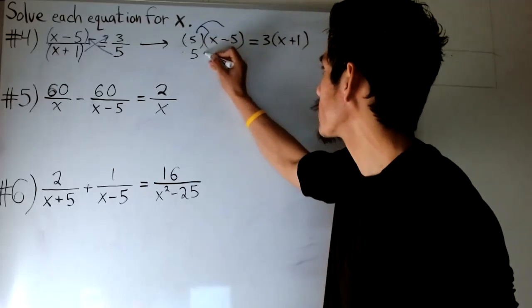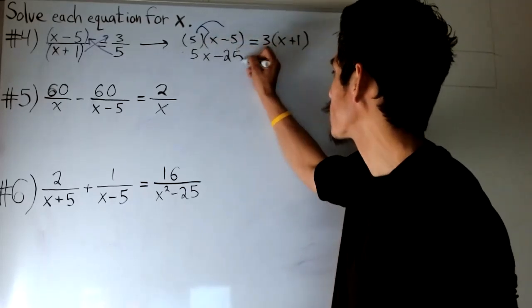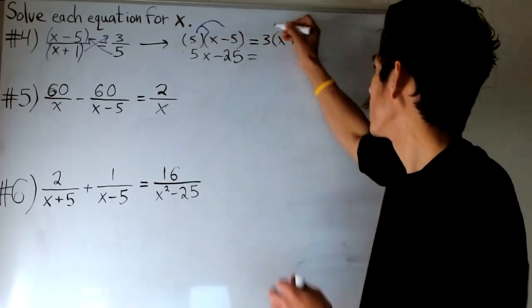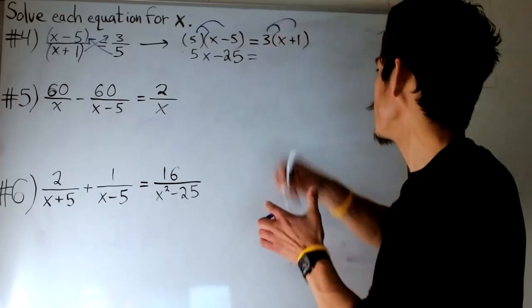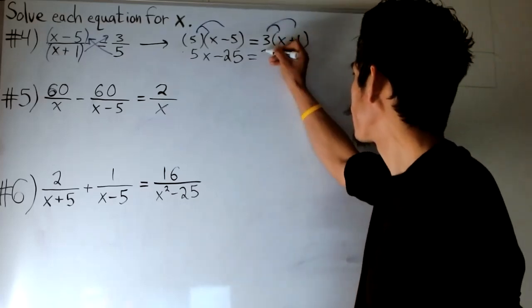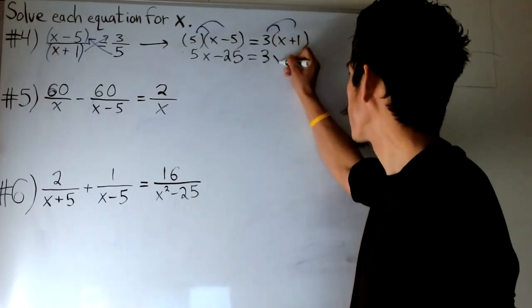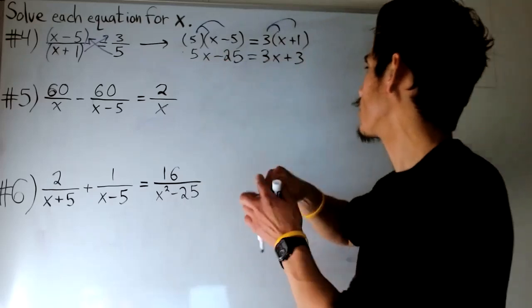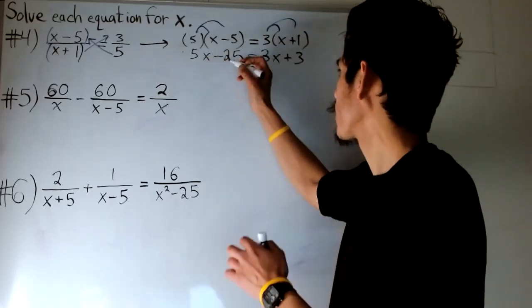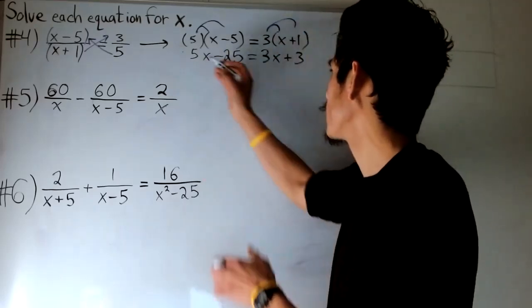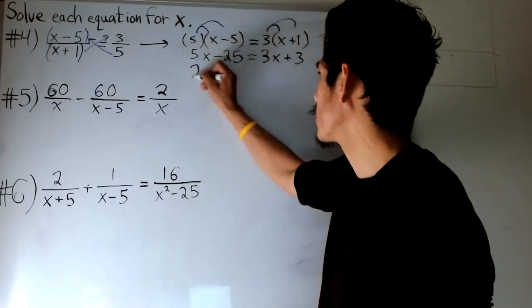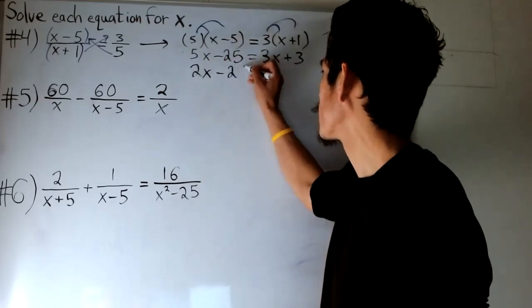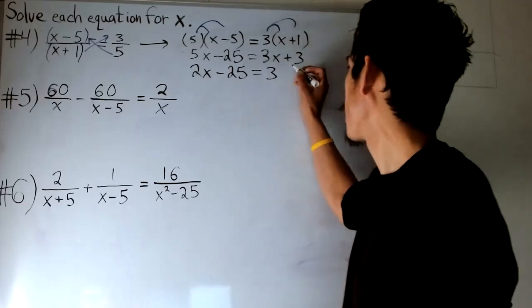So we get 5x minus 25 being equal to 3x plus 3. Oops. 3x plus 3. Let's take away 3x from both sides. And then let's add the 25. Taking away 3x, we get 2x minus 25 equals 3.